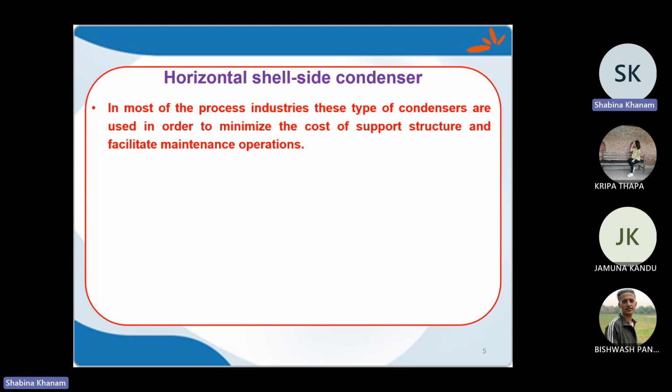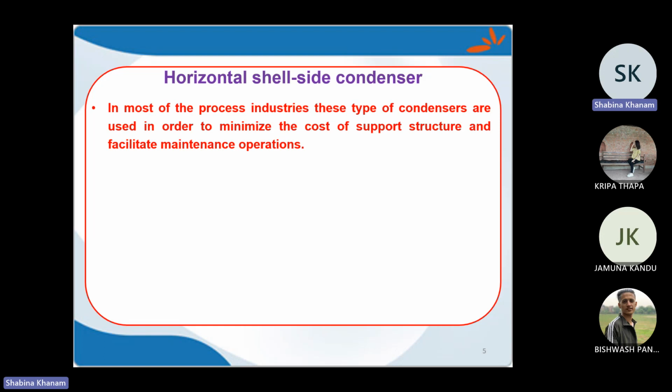Actually, this horizontal placement will always be advisable to adopt when I deal with large capacity. Large capacity means large heat duty. So if Q of the condenser is high, we can go for horizontal placement of the condenser.